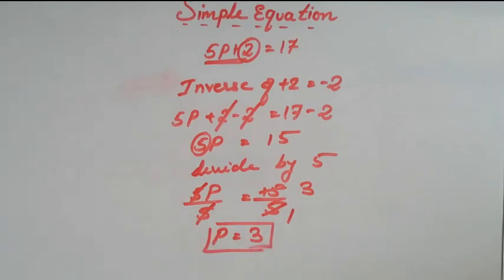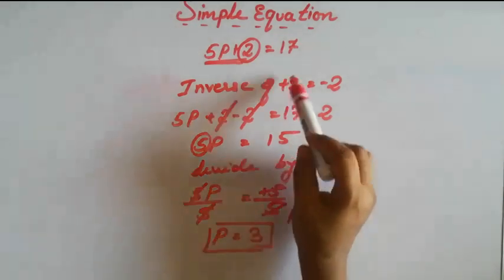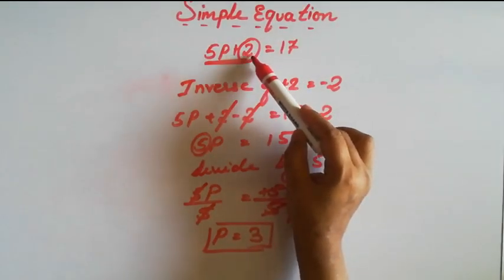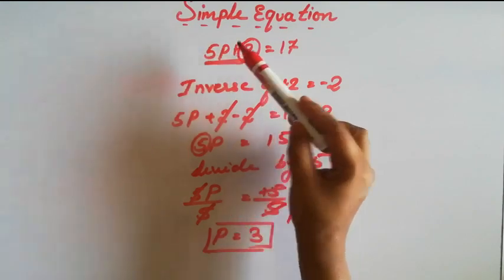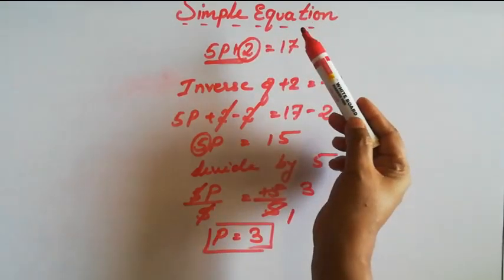Clear? This is known as the systematic method of solving an equation. In the systematic method, we have to isolate the variable. We want the variable alone. First, we eliminate this 2. If it is plus, you have to take the inverse, which will be minus.